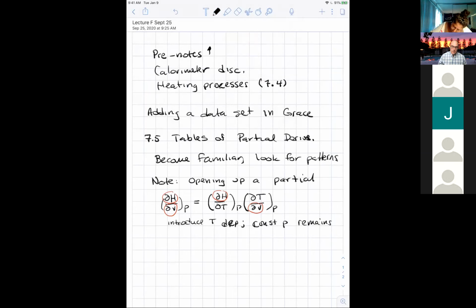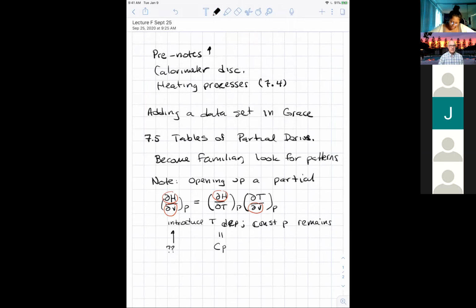So the utility of doing this is that you may have a partial that you don't know in terms of measurables. So let's say this first one, we don't know what this is in terms of the measurables. You can put it in terms of other things, possibly, if you're clever enough. So this first one, dH by dt, hopefully you recognize as CP.